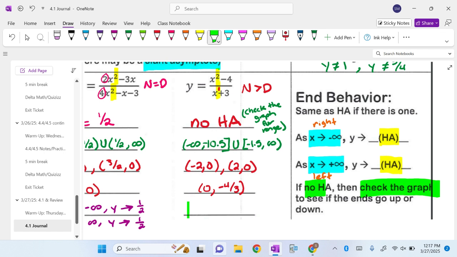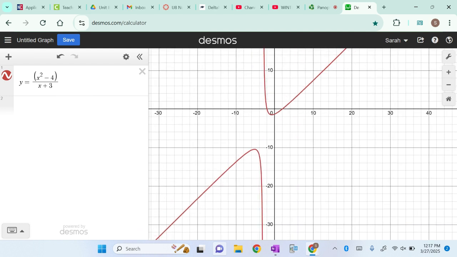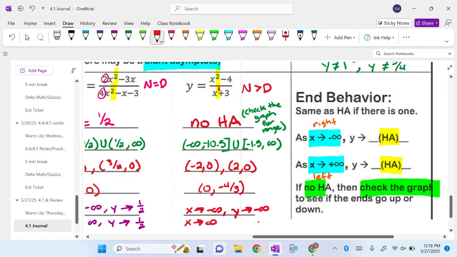So as x approaches negative infinity, y approaches negative infinity for this one. As x approaches positive infinity, so looking at the right side of the graph, where's it pointing? It's pointing up, so it's going to where? Positive infinity.